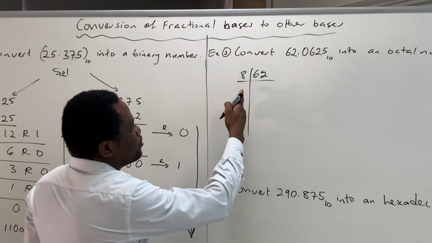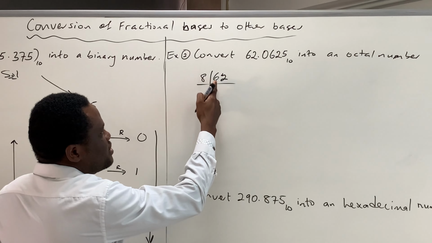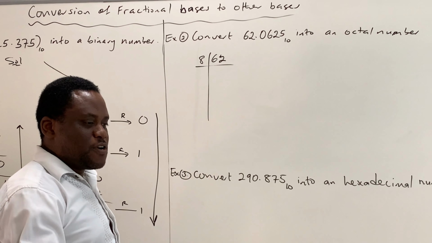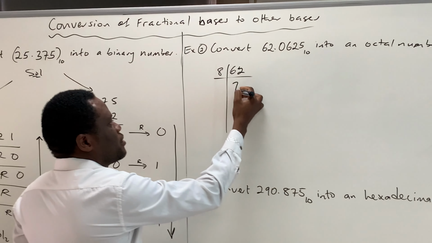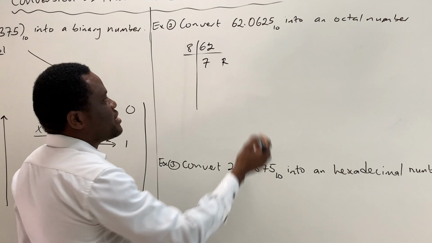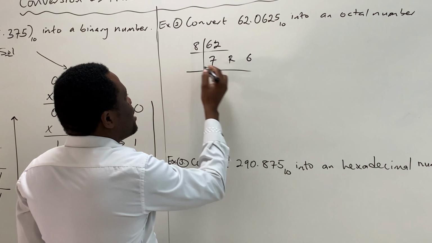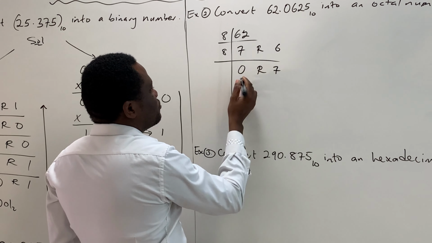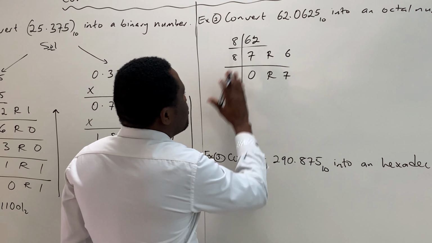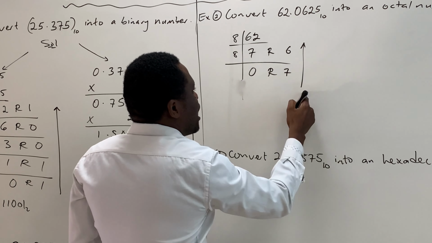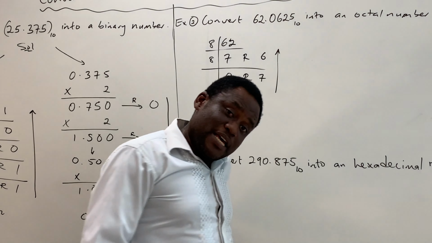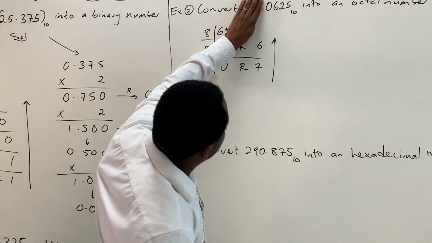What do we have? 62 divided by 8. 8 times 7 is 56, right? 7, remaining 6. Again, 8 into 7 is 0. It's finished. Remaining 7. So it's finished here. I read from down, up. For this part, this guy is 0.